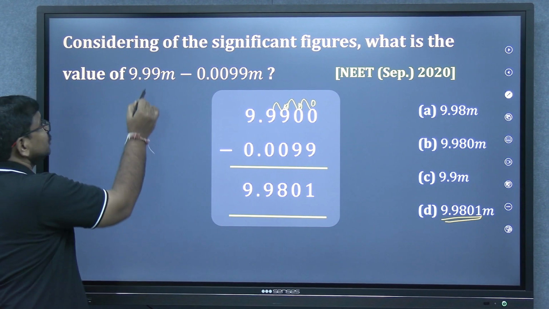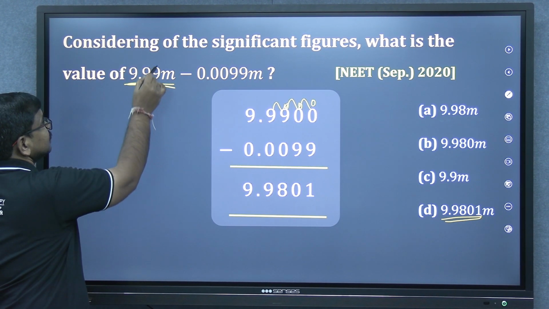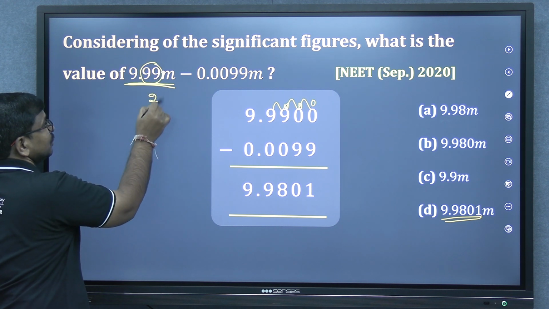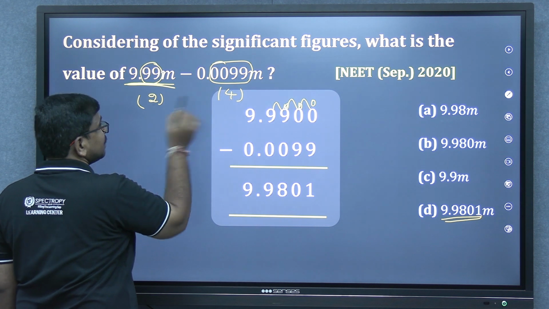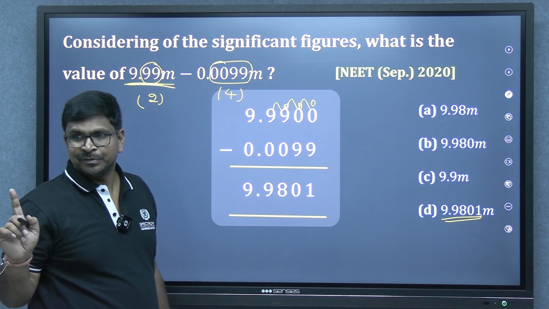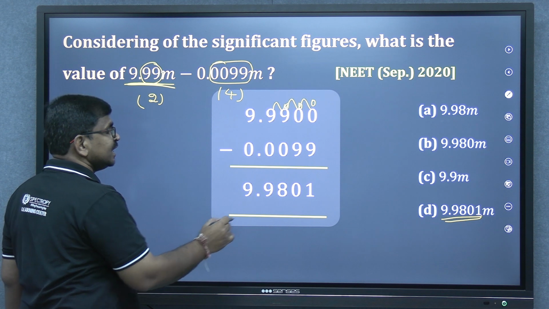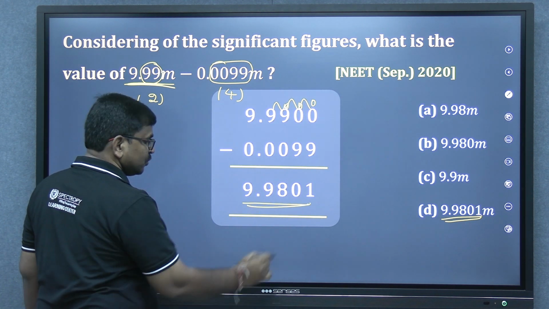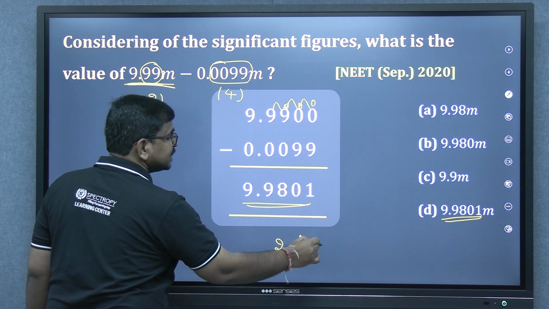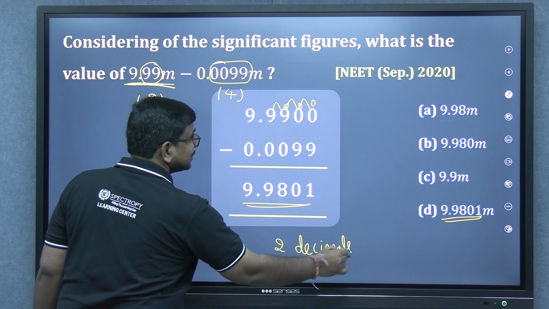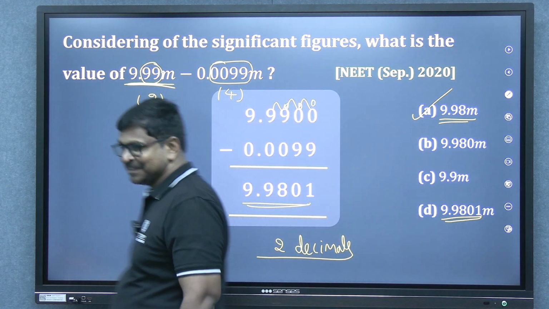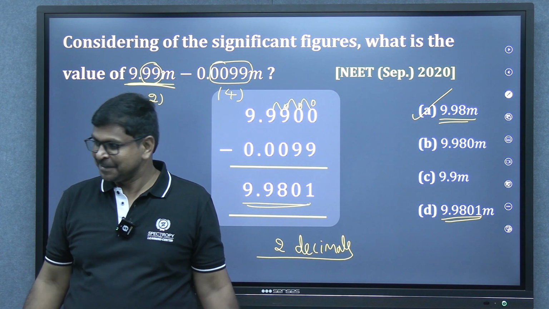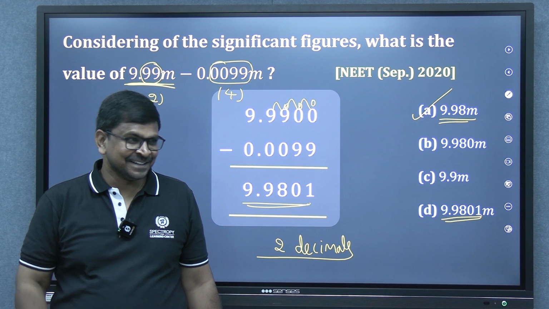How many decimals do you have here? 2. Here? 4. Which is least? 2. And the answer should contain 2 decimals. How many options do you have with 2 decimals? Only 1. That is your answer.